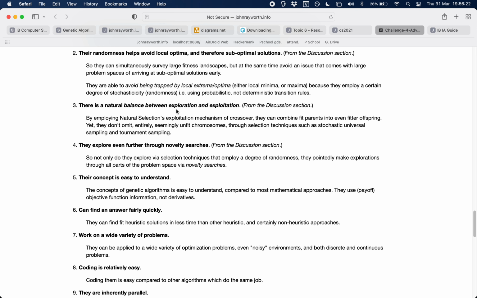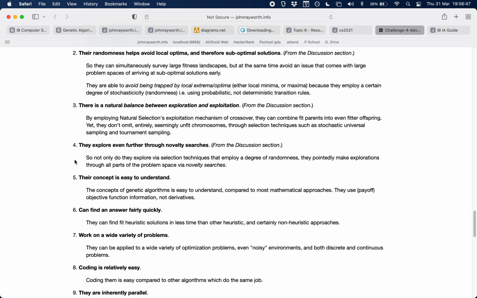So there's a balance between the exploration and the randomness and the downright, let's do what natural selection does generation after generation with the crossover. Of course, I just need to add there that don't forget that natural selection does employ mutation as well, which is obviously more exploration.